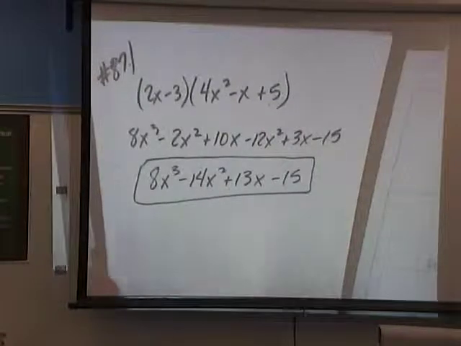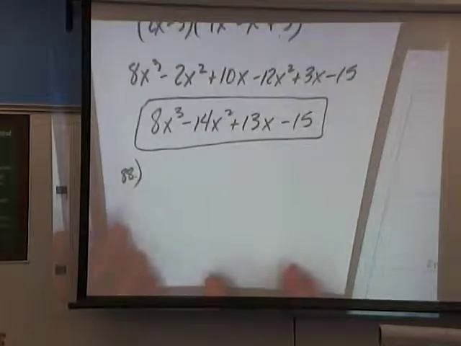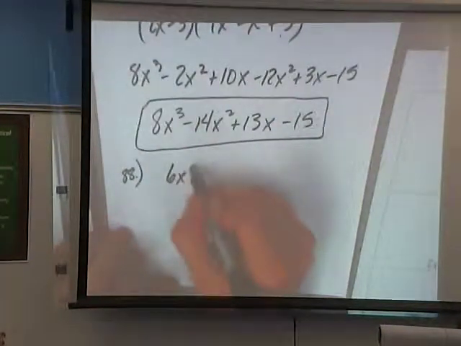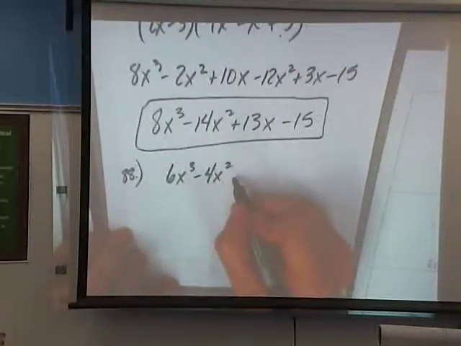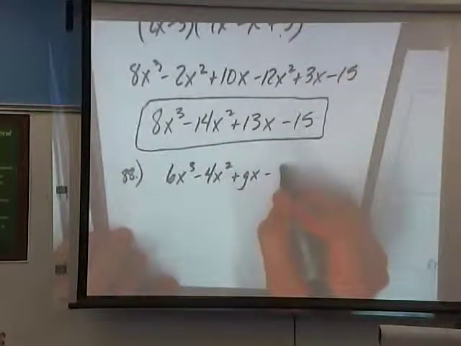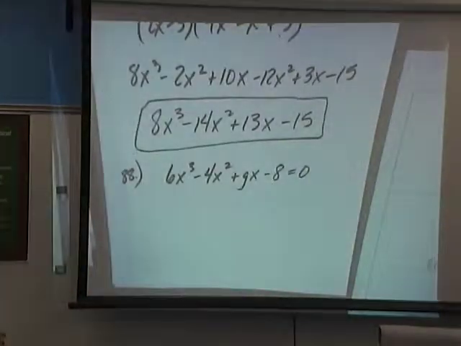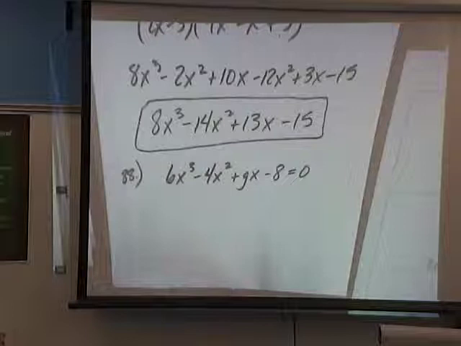All right, 88. Which cannot be a solution for 6x cubed minus 4x squared plus gx minus 8 equals 0, for any value of g?